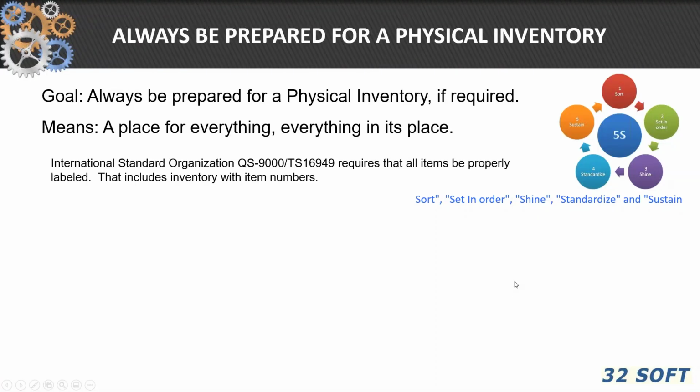Well, there's a rule. You do cycle counting, but you always have to be prepared for a physical inventory. We'll talk about physical inventory in just a second, but it's basically a statement of have the place clean. Know what you're doing. There's the old 5S that comes from our lean brothers and sisters that say sort, set in order, shine, standardize, and sustain.